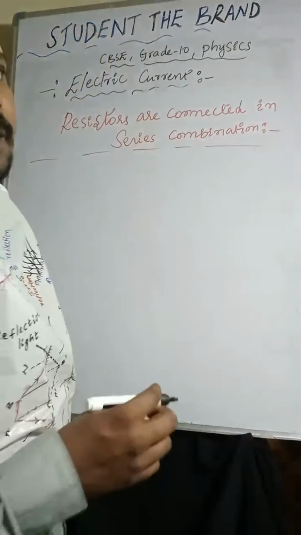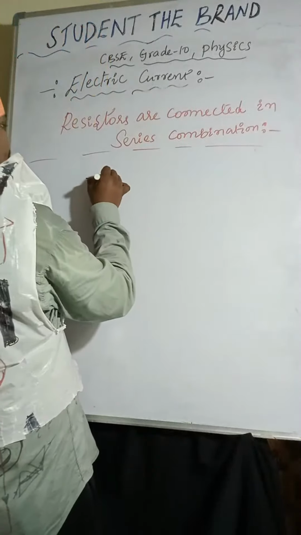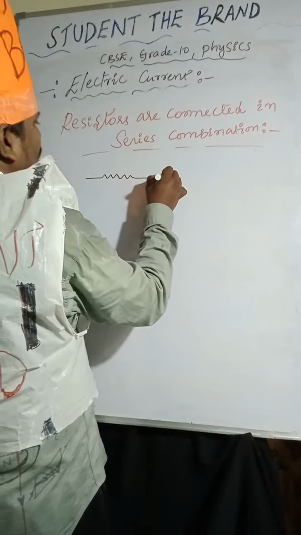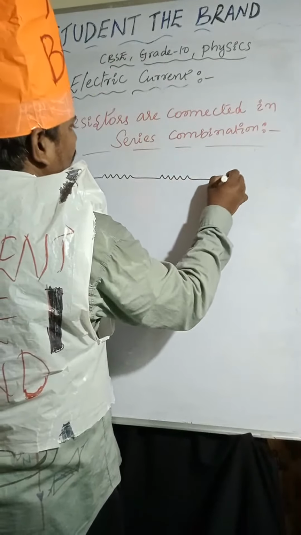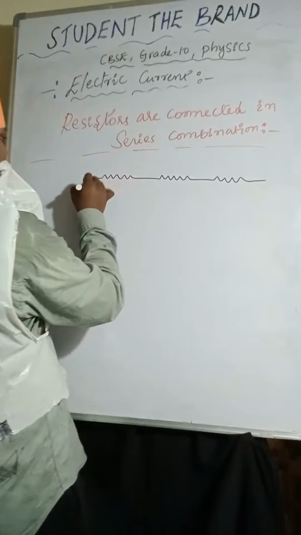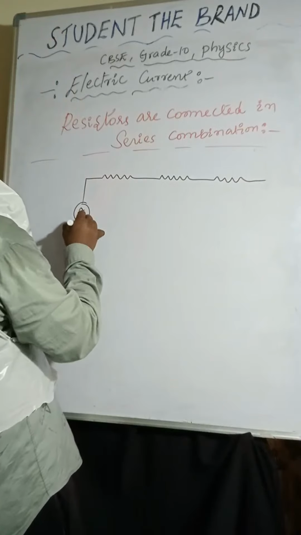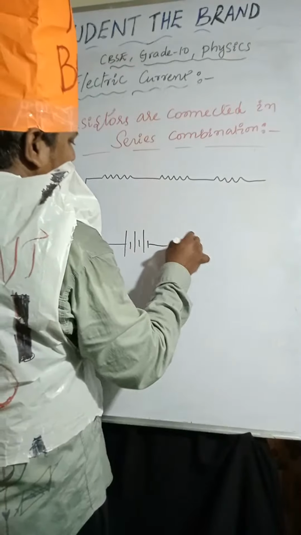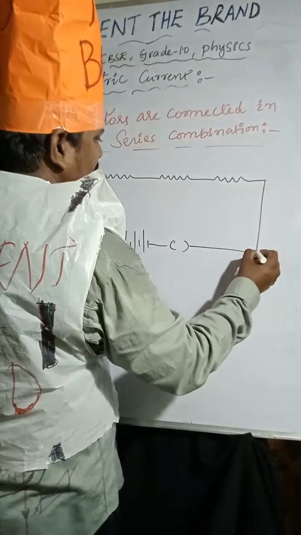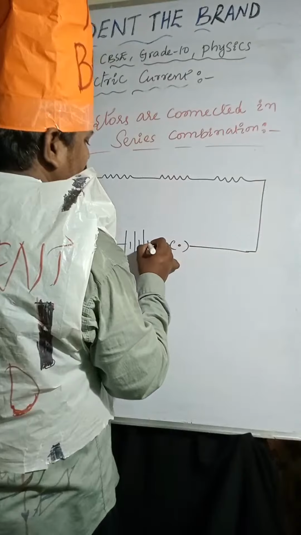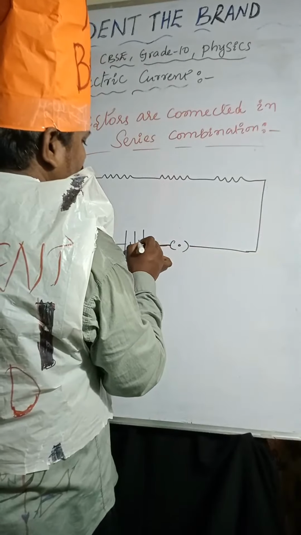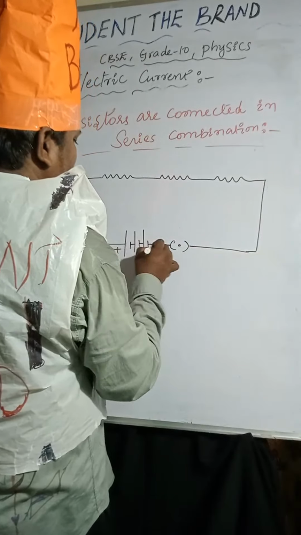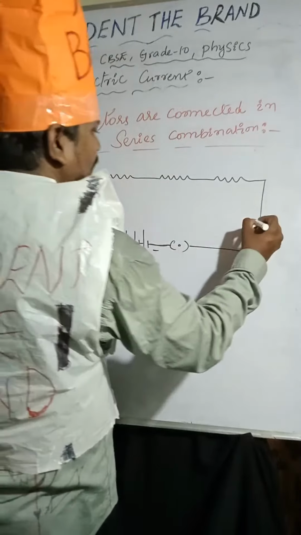Now you can observe here: 1, 2, 3, so three resistors, an ammeter, a battery, a switch, positive terminal, negative terminal, and current is flowing.